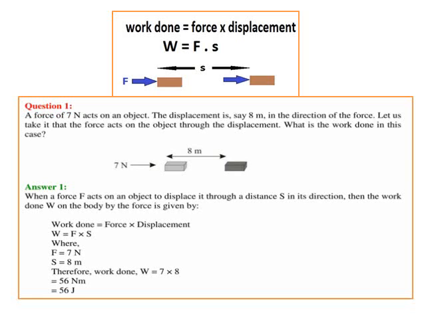Therefore, Newton meter is the unit of work done. But we keep joule as the SI unit of work done. So 1 joule is equal to 1 Newton into 1 meter. We will see this in the next slide.